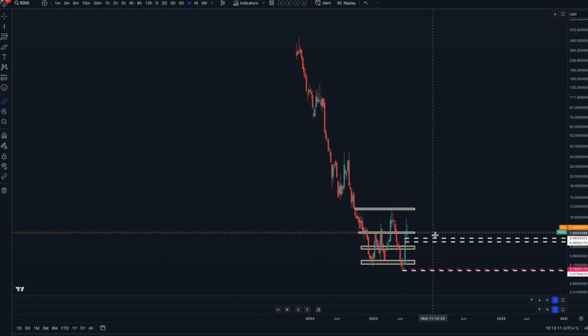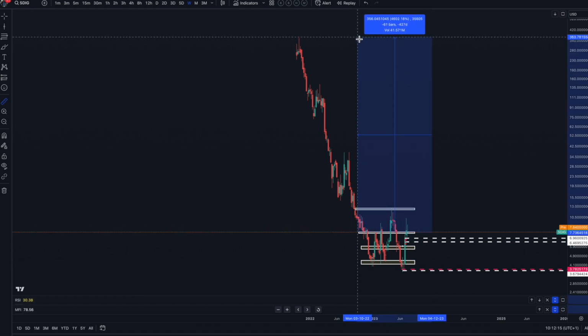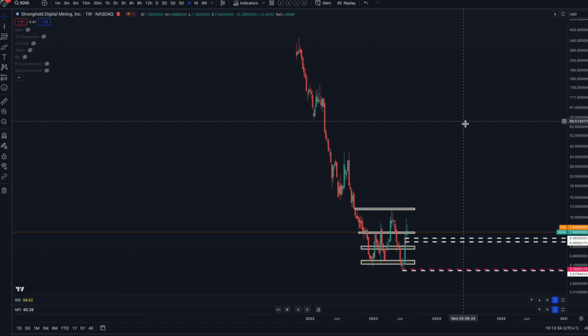From its current price of around 7.80 to go to its previous all-time high, it would need to go up by 46 times. So while Bitcoin is expected to go up by 100%, this is expected to go up by 4,600%. And obviously, nobody can guarantee that that's going to happen, but I'm just trying to highlight the actual potential of some of these Bitcoin miners. And because they're a leverage play, for every time Bitcoin goes up by 100%, they will go up by 500 or 600 or even 1,000%.